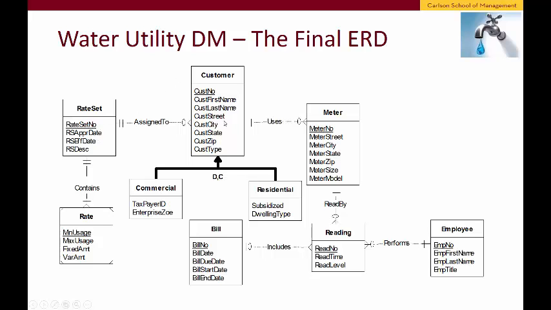The minimum cardinality is 1, so the rate set is mandatory for the customer. And we know the customer is not mandatory for a rate set, because rates are set way before they're assigned to customers. The crow's foot is next to the customer, which is going to get the rate set number as an additional column representing the foreign key, and it cannot be null.